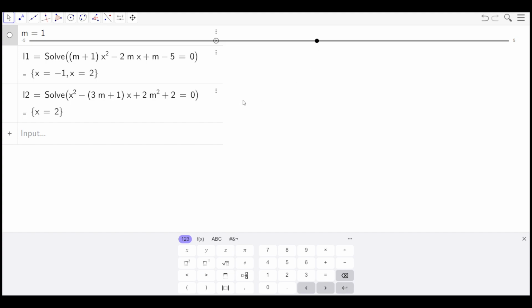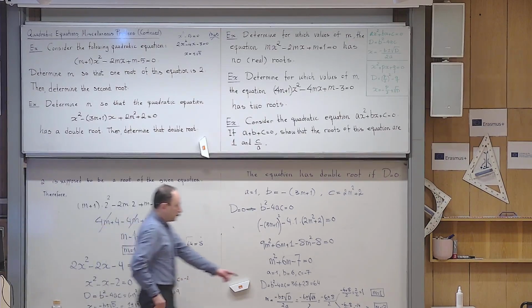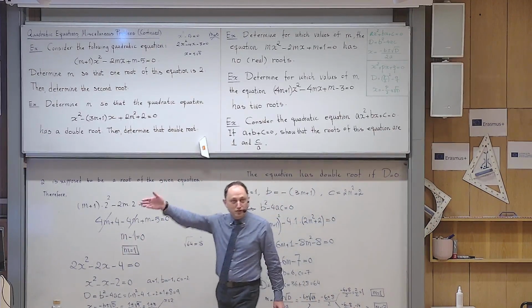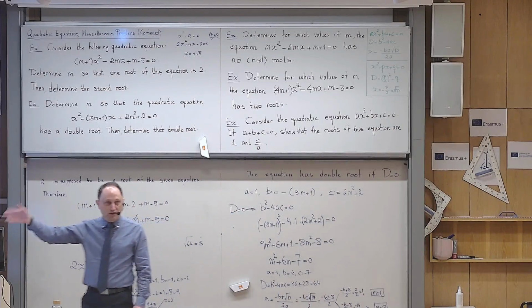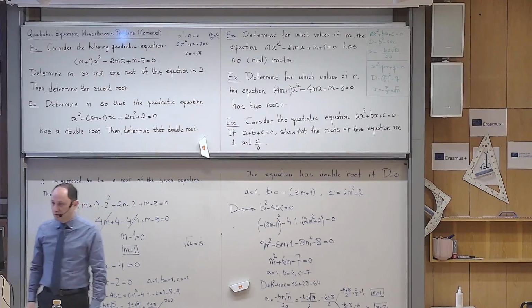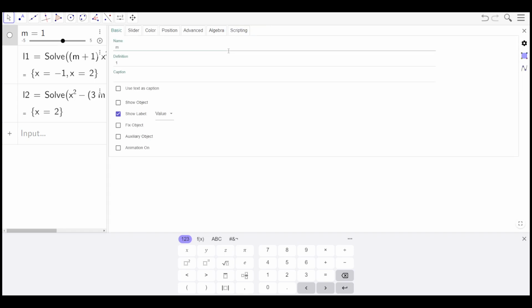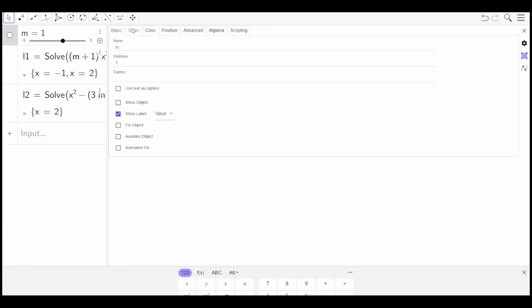Why? Because we saw that there is another option, which is -7, and it is unfortunately not within this range by default. So if you want to see it, you go here to the settings of this slider, and then you go to slider.